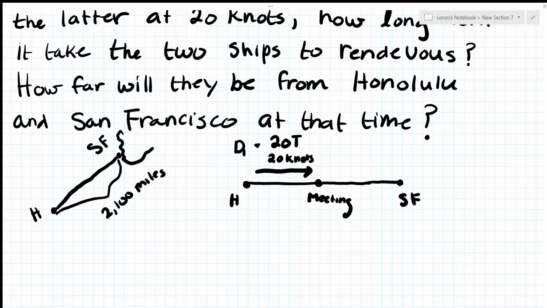Time is like quantity over rate. So that's why I say D is 20t, which is measured in quantity over rate. And then D2, distance 2 or ship 2, is 15t or 15 knots.